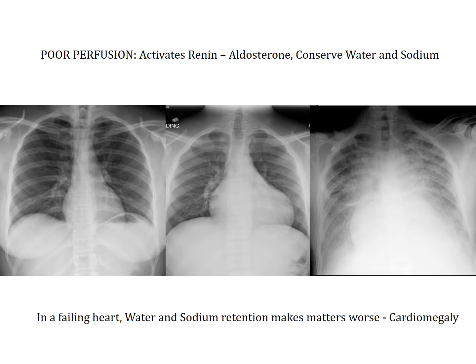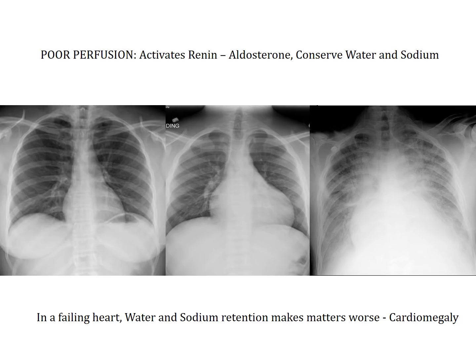So the heart begins, for whatever reason, the heart starts to pump less effectively. And perfusion, lack of perfusion to the kidney is sensed as a result. The kidney then activates renin and aldosterone, and the goal of that pathway, as you've seen, is to increase blood pressure through vasoconstriction and begin conserving sodium and water.